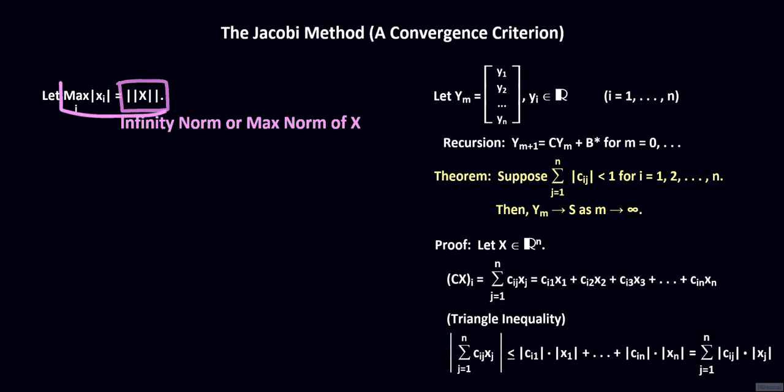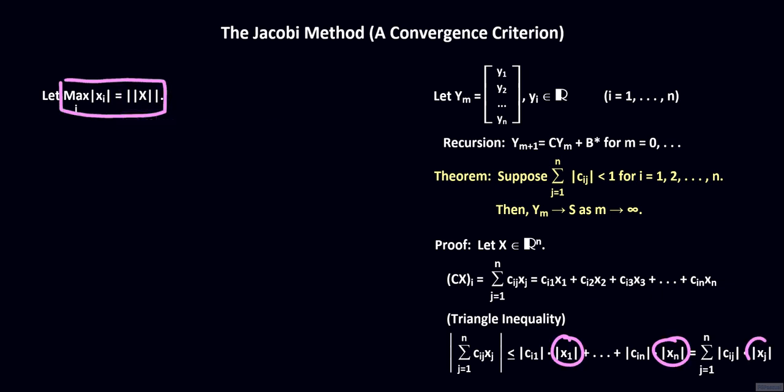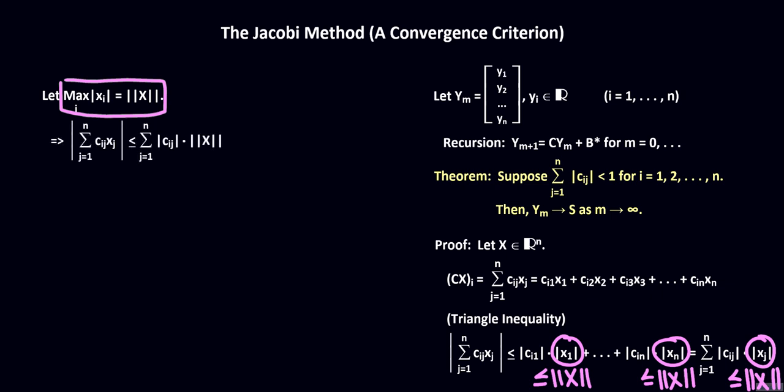By definition of the norm of x, each x sub i absolute value is less than or equal to the norm of x. So the absolute value of the ith component of C times x is less than or equal to the sum from j equals 1 to n of the absolute values of the C sub ij's times the norm of x.